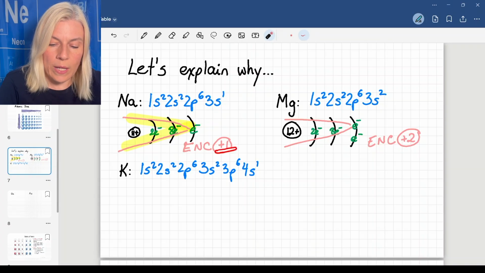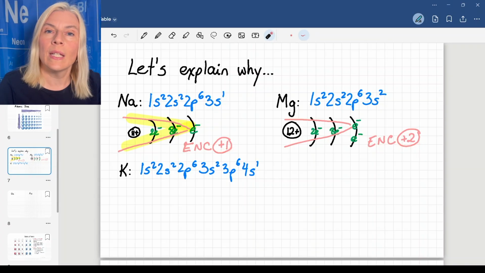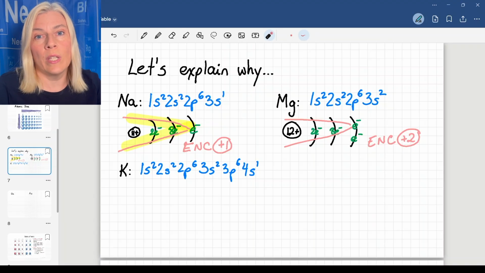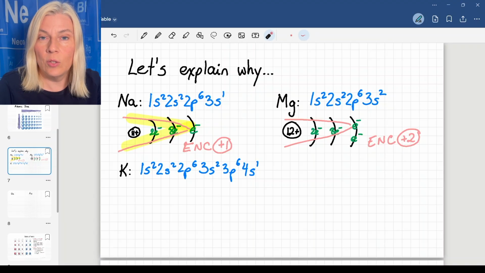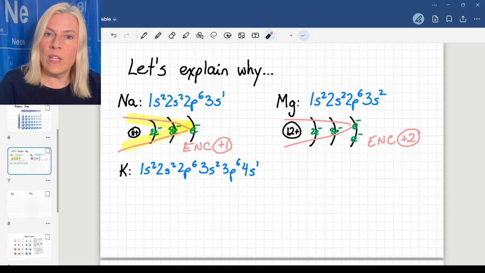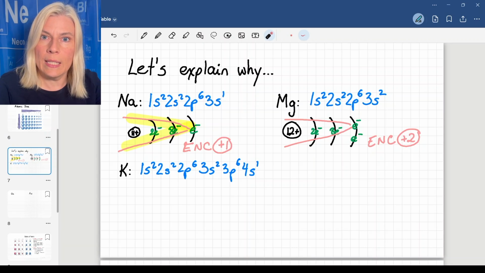We have ENC 1 and ENC 2. Now, here is where it gets interesting. It will make sense: if I offer you one candy, or I offer you two candies, which one will you do? You will grab two candies. Hey, I'm getting two, right? So the thing is that the last electron is looking in, and here it sees two protons.